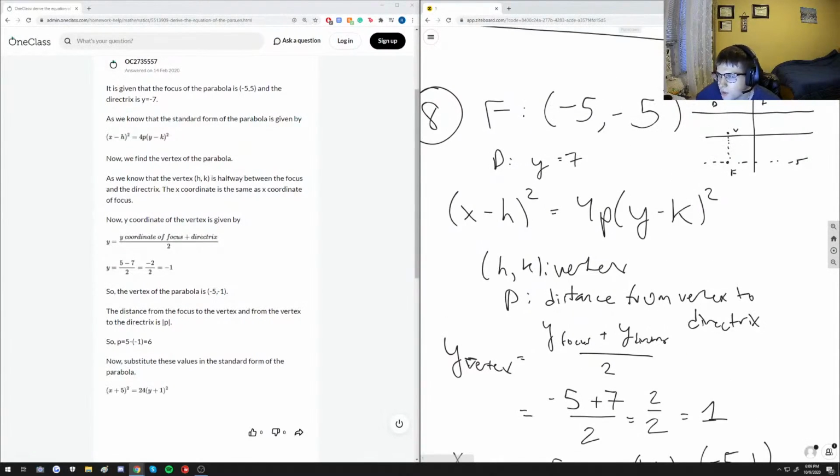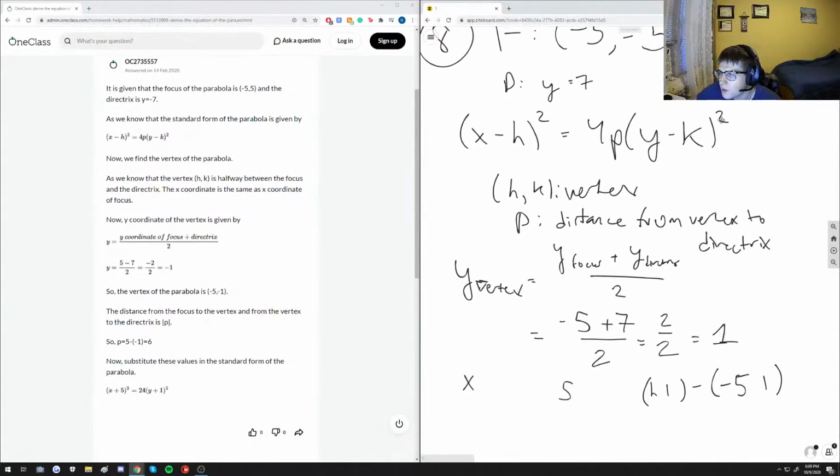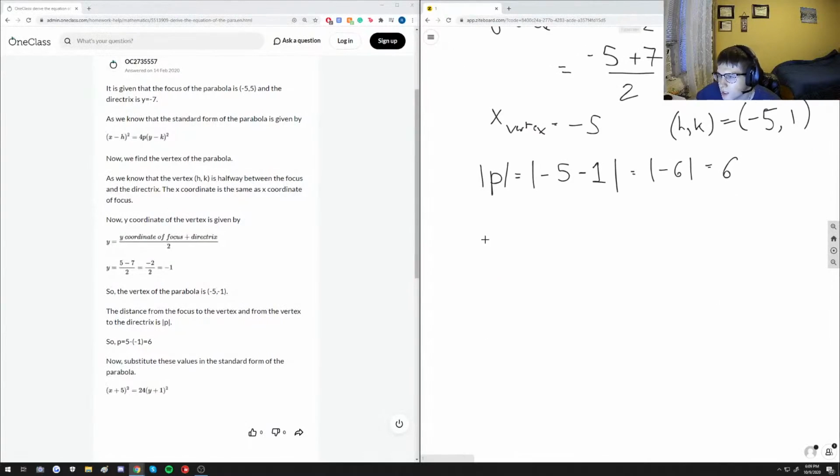So with this information, we can find the equation rather easily. Rewriting it, we have (x minus h) squared is equal to 4p times (y minus k).